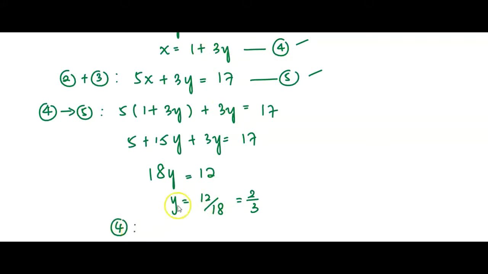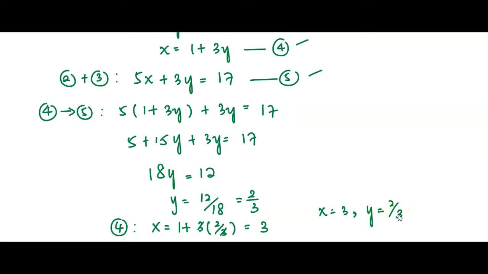So now putting this value of y into equation 4, in order to obtain the value of x, you will have, cancel off the 3, you will have 3. So the first set of answers is x equals 3, y equals 2 over 3.